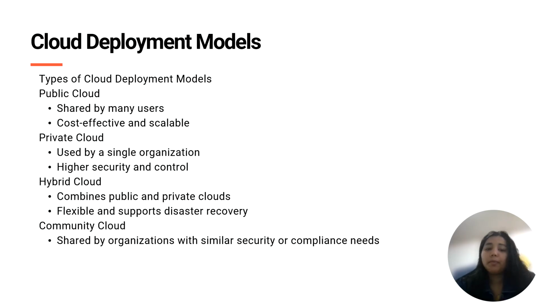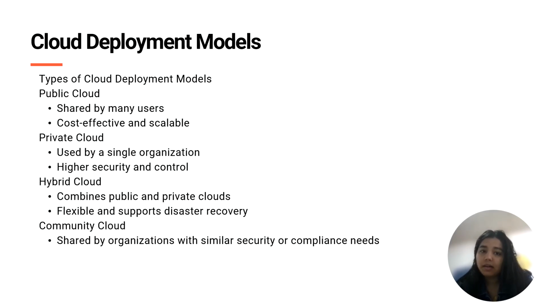Then cloud deployment models. Cloud deployment models describe how cloud services are deployed and who can access them. There are four deployment models. The public cloud is owned by a cloud provider and shared among many users. It is affordable and highly scalable.